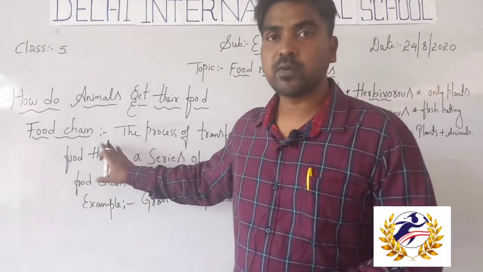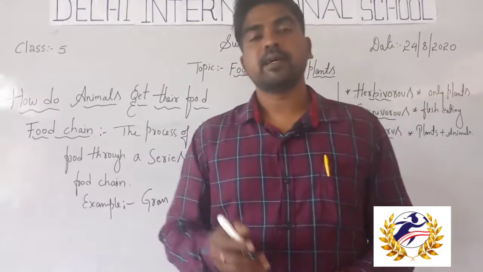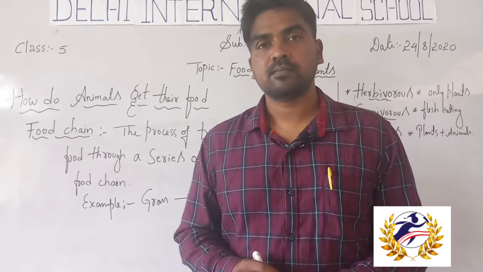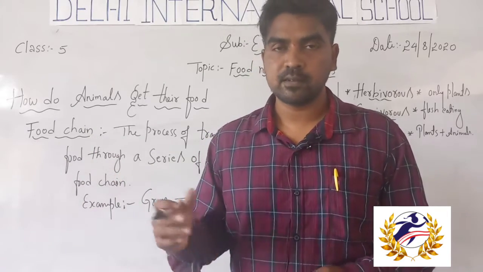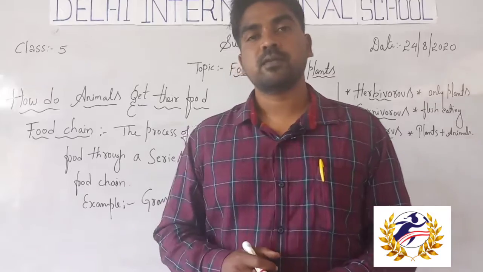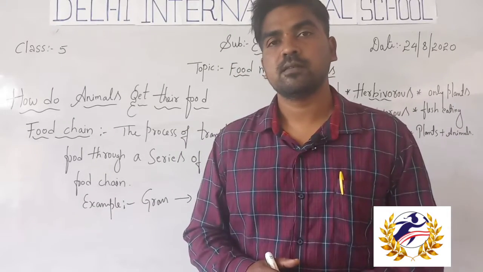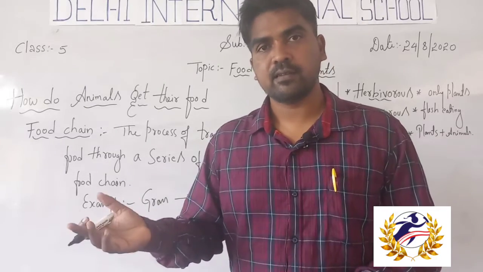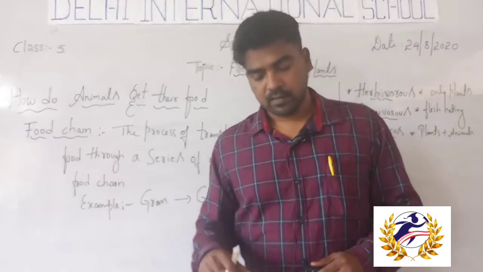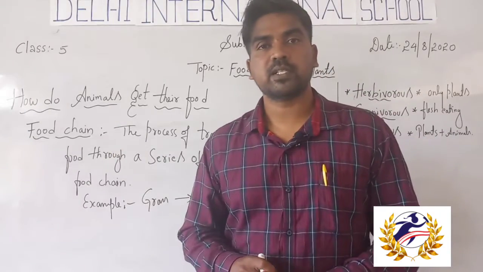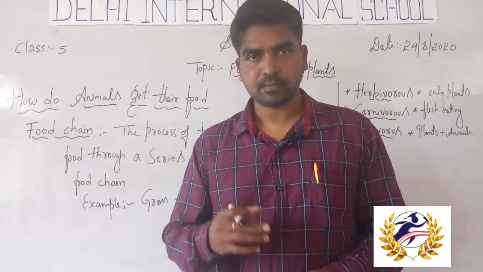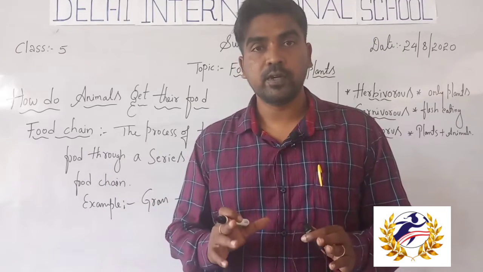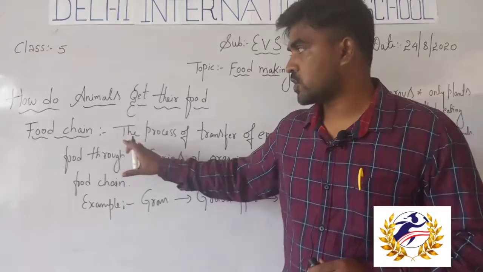For example, a tiger searches for other animals to hunt, to survive, to fill its stomach. It will hunt other animals like a deer. Some animals hunt other animals as prey. Prey means hunting other animals for food. So it is called food chain.